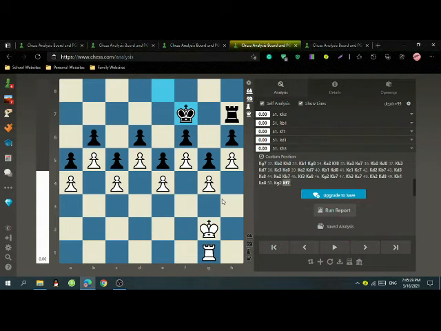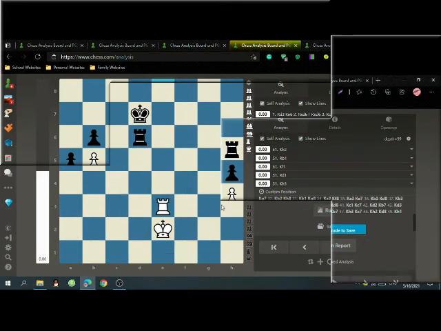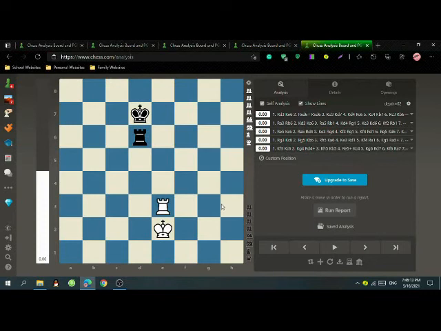Now I will be talking to you about draw by agreement. In this position, both white and black have a king and a rook.